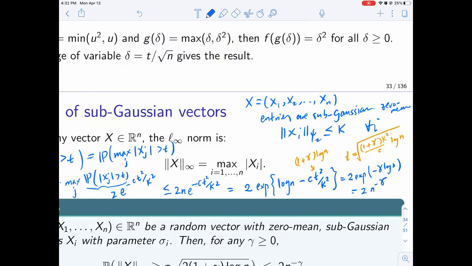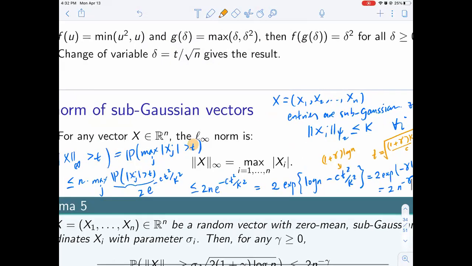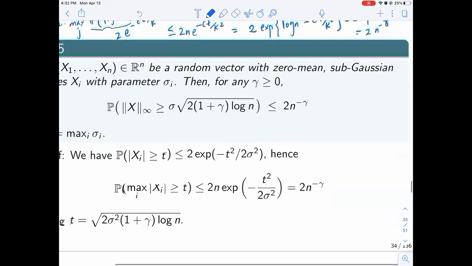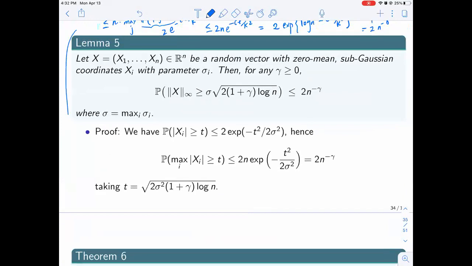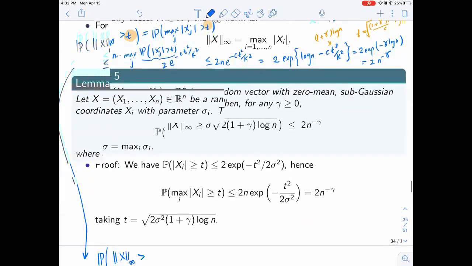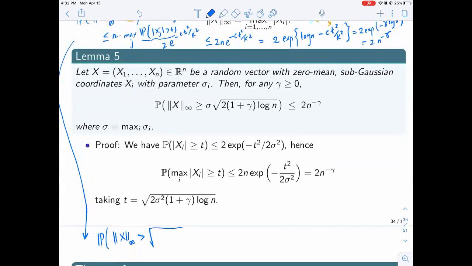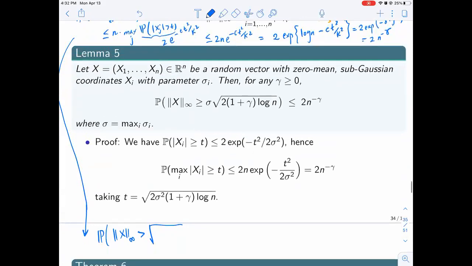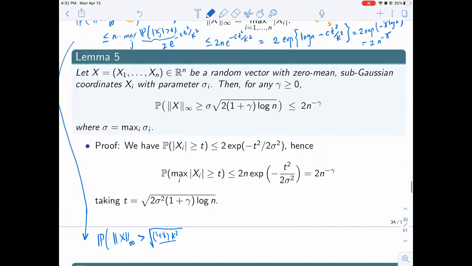So what I've shown is that if you plug this in for t, the probability that this is bigger than the square root of 1 plus gamma times k squared over c times log n is less than or equal to 2 n to the negative gamma.